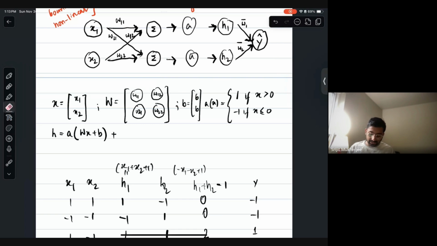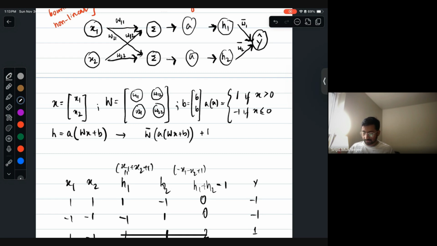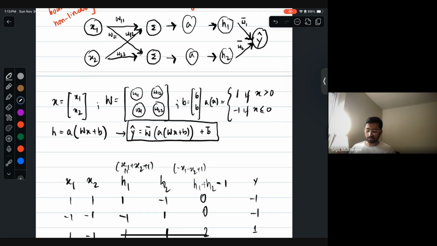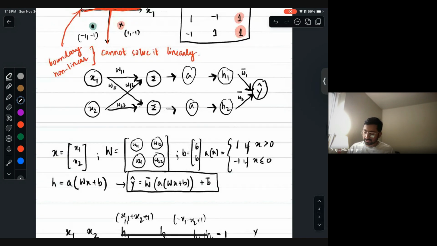And then there's another layer, understand this. And then there's another W hat, let's say. So then there's W hat of this entire thing, plus another B hat, let's say, the bias. This is finally equal to Y hat. So there is also a bias here, B hat. There's also a bias here, B, in each one of them.